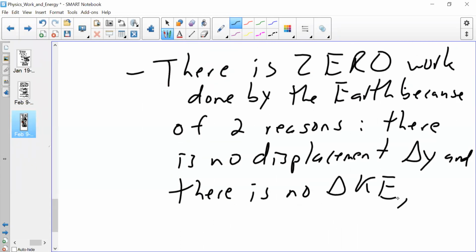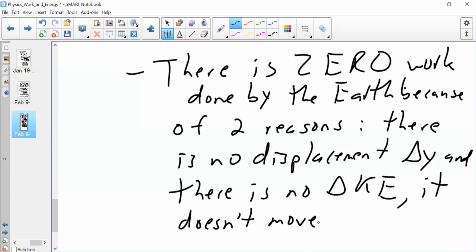So since there is no change in kinetic energy, it doesn't move. So I'll leave that a little bit. So just think about that as we move along. We're going to get to the point in the next statement here. So I lift the ball up, the ball's on the ground. There's no displacement.